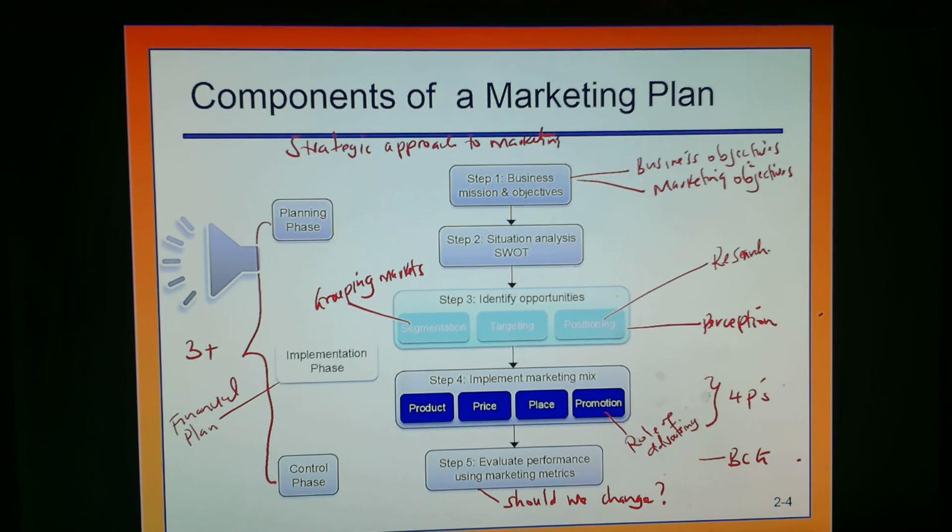But remember, anytime we talk about advertisement, it could be a cost, and therefore you also have to have a financial plan embedded within the marketing plan. And the whole thing, again, identifying opportunities, is all about undertaking some kind of research to identify what consumers are really looking for, the consumer needs and wants, in order for you to find a product that is going to fit the needs of your target market.